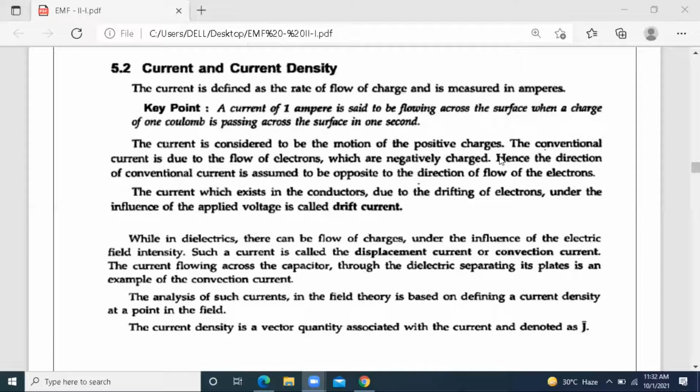Because of the potential difference between the two ends, a current will flow through the wire. The current that flows through that wire is called a conventional current.